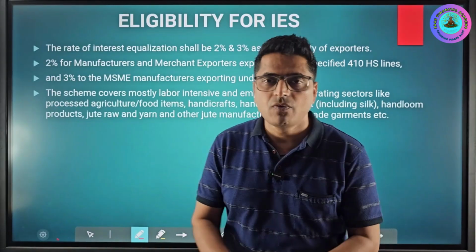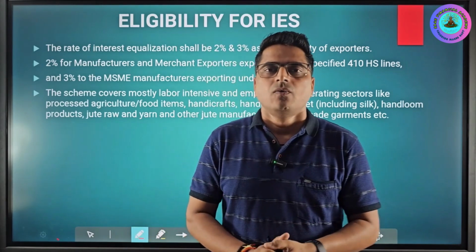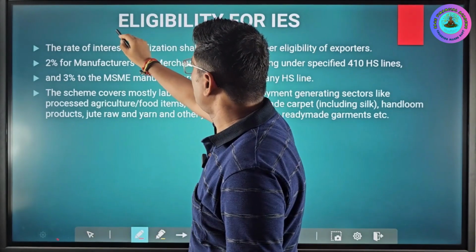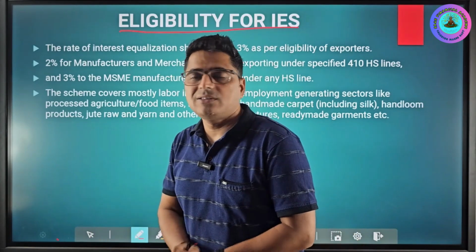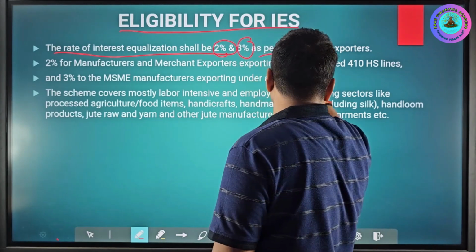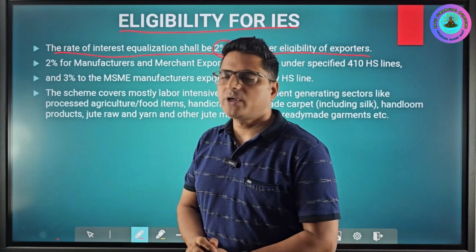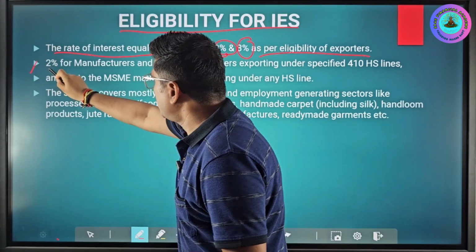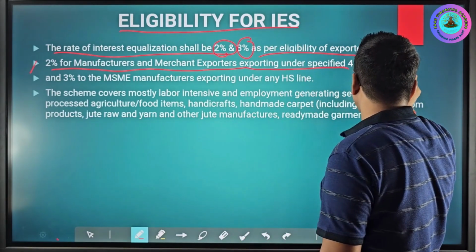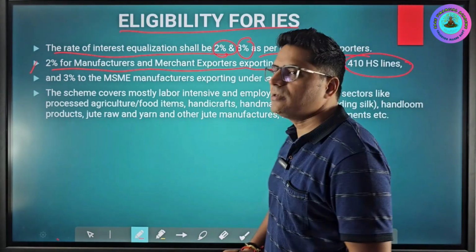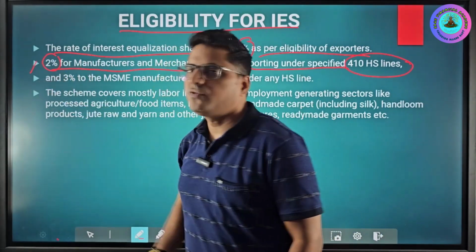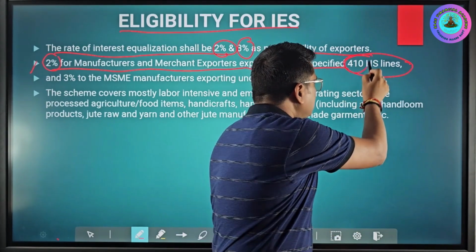Understood? So now we will discuss eligibility, meaning what kind of exporters are eligible to get the interest equalization scheme benefit. As we have discussed, there are two rates of interest: first 2% and another 3%, as per the eligibility of the exporter. Here 2% is for manufacturers and merchant exporters exporting specified goods under 410 HS lines, which means the customers getting 2% reimbursement should fall under the 410 HS lines.